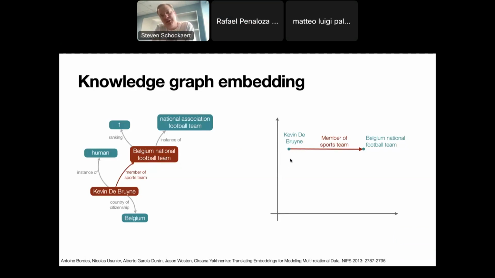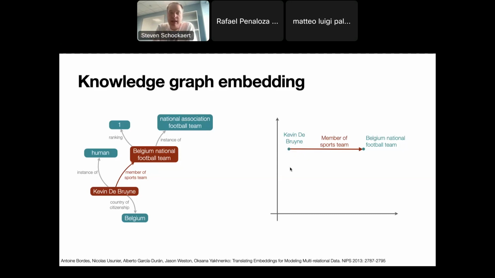Here this is illustrated on the right. We have the entity Kevin De Bruyne, and this other entity, the Belgian national football team. In the knowledge graph, they are related to each other by the member of sports team relationship.